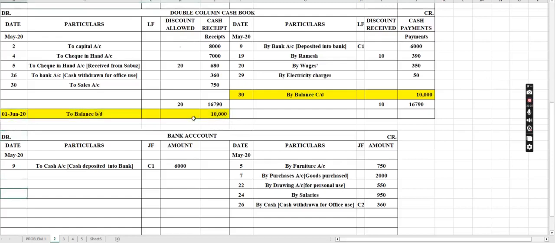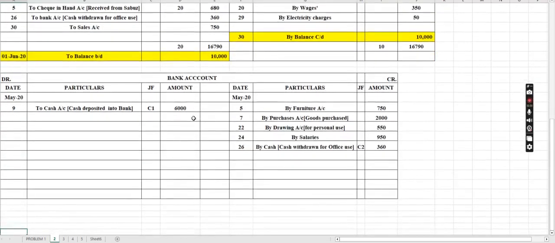Okay, done. We are not supposed to take discount columns. Next here, the sum of that is only one column, 6,000 rupees. This side again I will bring this 6,000 rupees total and we see what is the difference. The difference is 6,000 minus this minus this minus this.